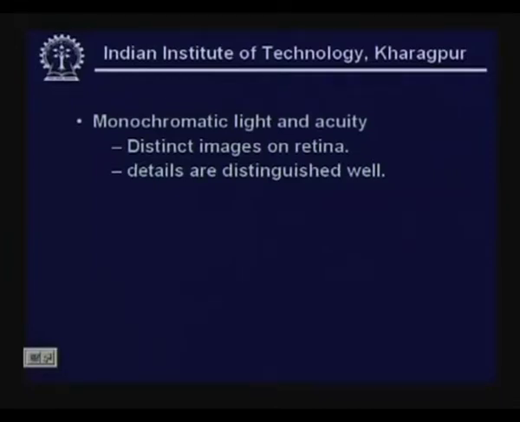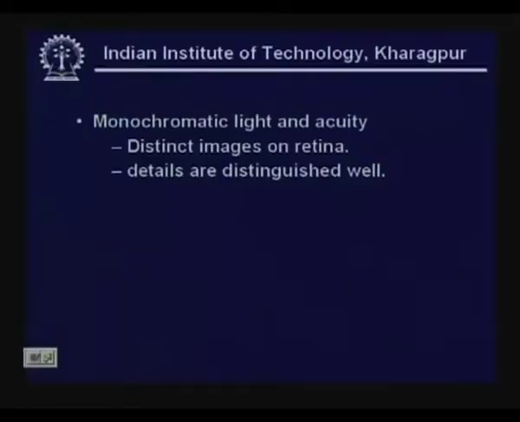Now, this apart, our eyes are comfortable and perform best with a monochromatic light, and they are able to form distinct images on the retina and are able to distinguish details well. However, monochromatic light is essentially obtained from the physical process of electroluminescence, which is used in gas sources. The lamps are mercury or sodium.